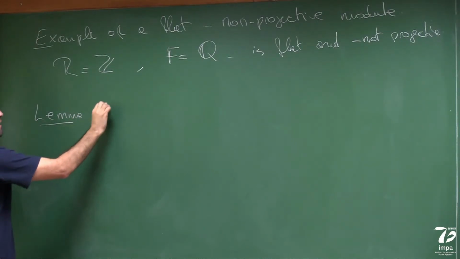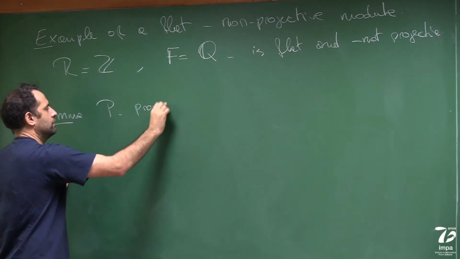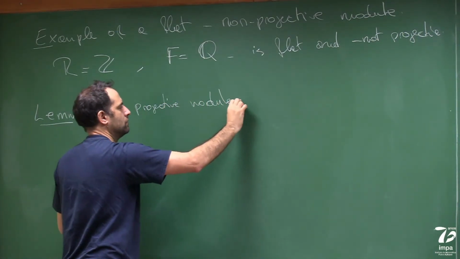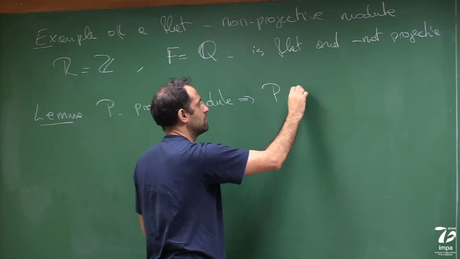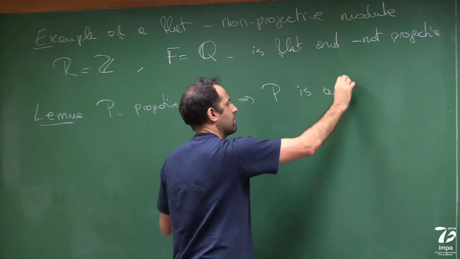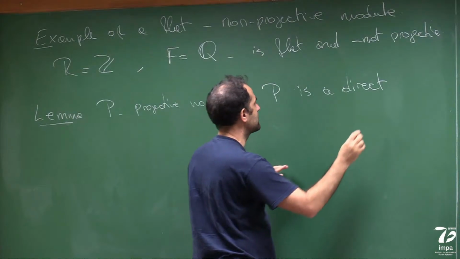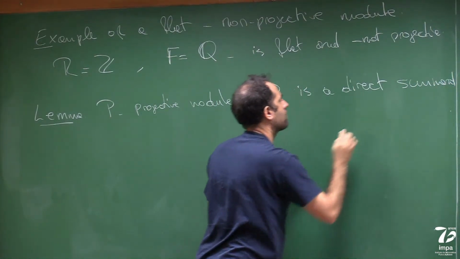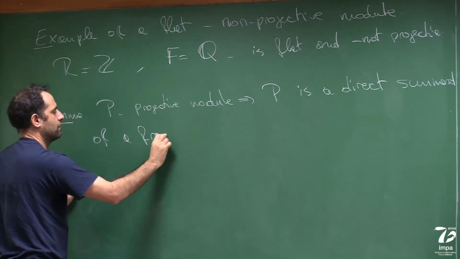If you have P a projective module, this implies that P is a direct summand of a free module. Unfortunately, free and flat also start with the same letter. Direct summand of a free module.